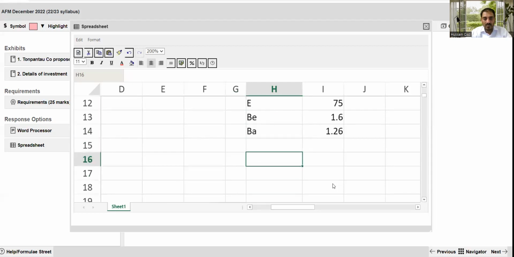Now, using beta asset, we require geared beta. That is called beta equity.